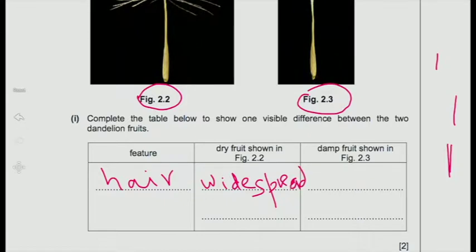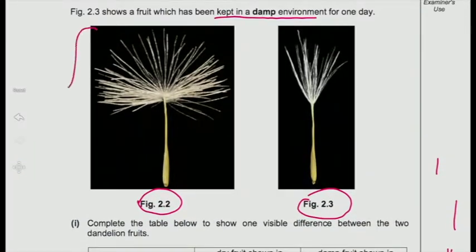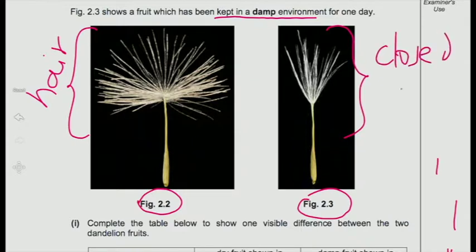Whereas for figure 2.3, it is closed up. Going back to the two figures, the hair is right here. So that's the hair, which is widespread for figure 2.2. And here it has closed up. So with that, we have answered the question appropriately. 2.2, it's widespread, that's the hair. And 2.3, it has closed up.